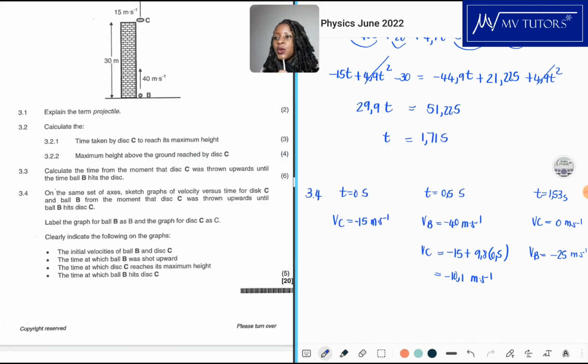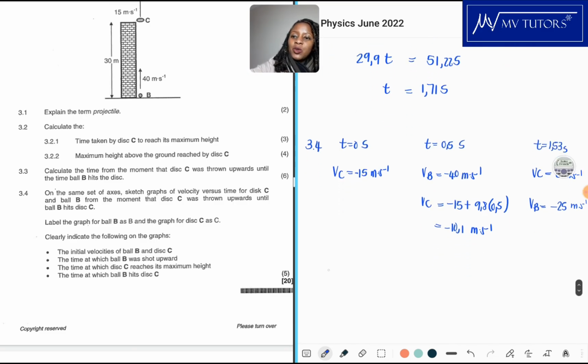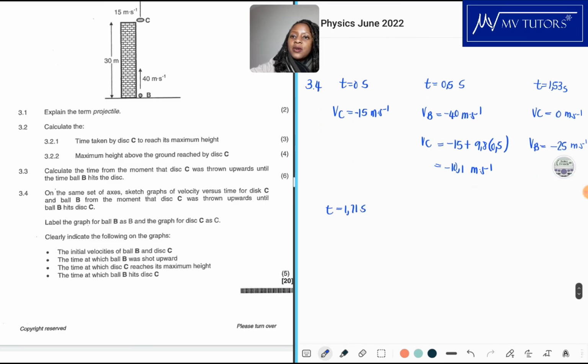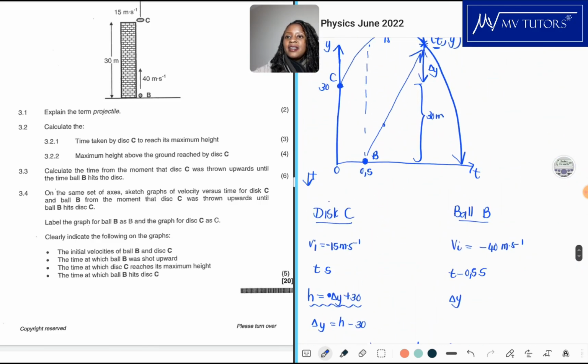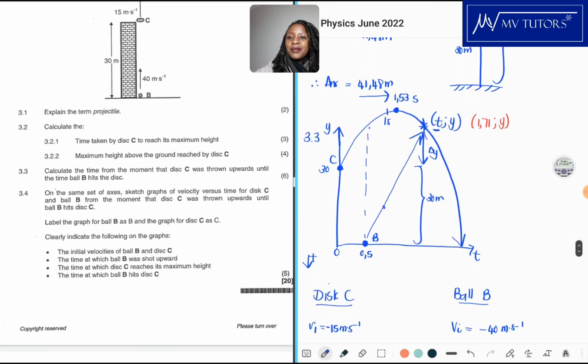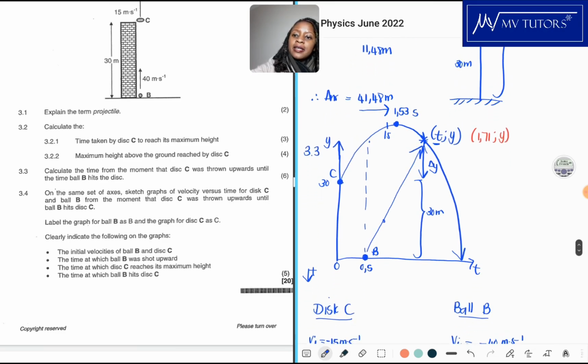What else do they want to know? The time at which ball B hits disc C, which is 1.71, as we just calculated. Out of curiosity, what would the velocity be for C and for B? If we look at the graph I drew before, C had gone up until it reached the maximum, and that's why the velocity was negative.